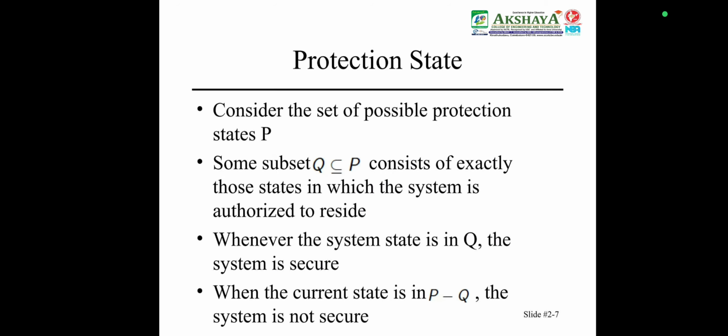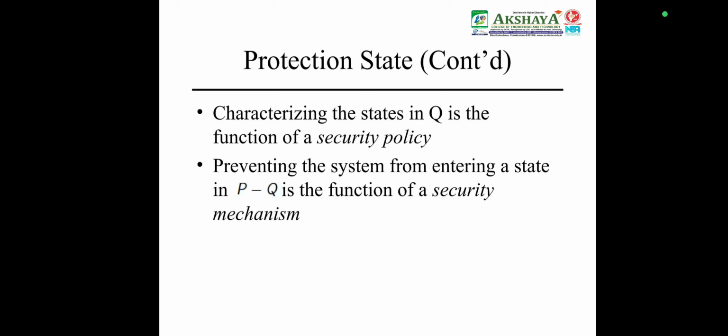Whenever the system state is in Q, the system is secure. When the current state is in P but not in Q, the system is not secure. Characterizing the states in Q is the function of security policy; preventing the system from entering states in P minus Q is the function of security mechanism.